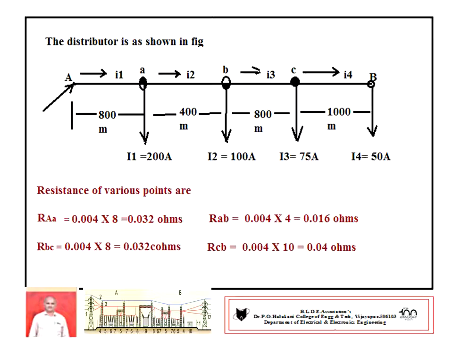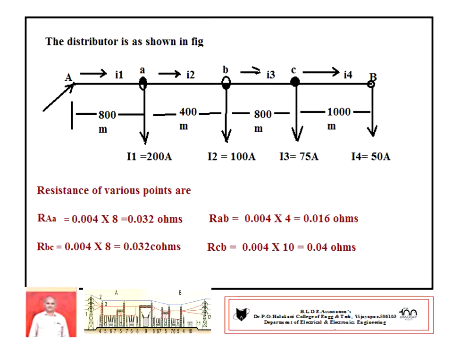Now calculate the resistances of the various sections. Number 1, RAa: 0.04 ohms per 100 meters is given, which is the resistance per unit length. So 0.04 per 100 into 800 gives 0.04 into 8, that is 0.32 ohms.